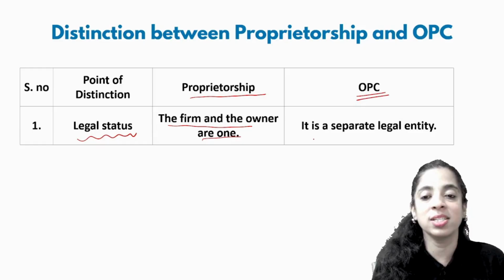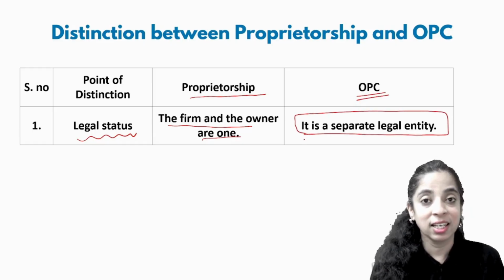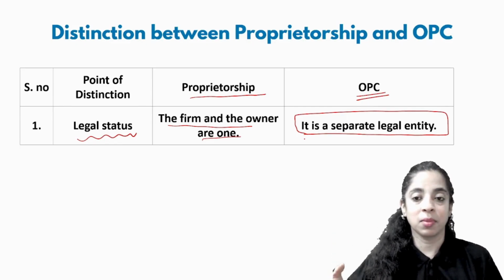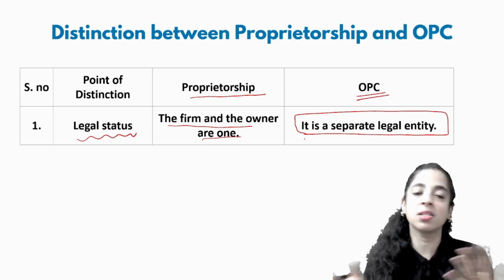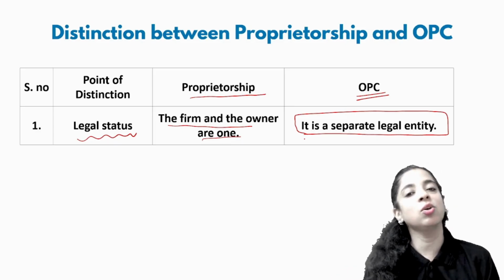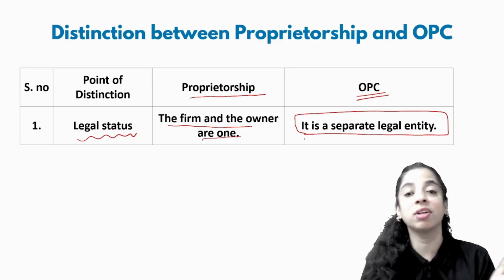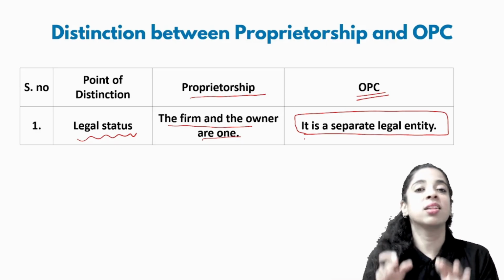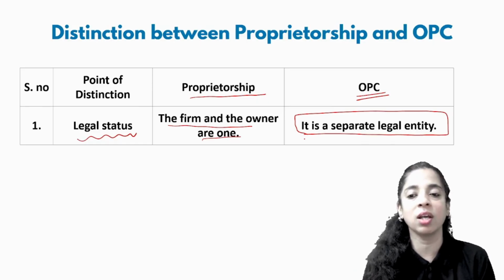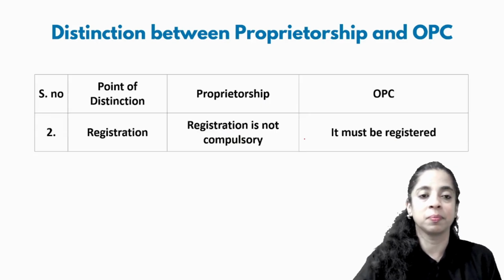Whereas in an OPC it is a separate legal entity. I had explained this in part 1, that an OPC is a part of joint stock company, correct? It comes under that. So it is a separate legal entity different from its members. Whereas in the proprietorship, the firm and the owner both are one, so it cannot have a separate legal entity.